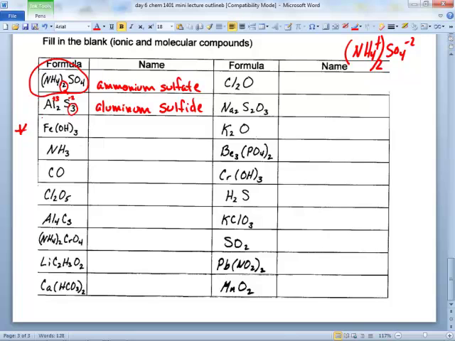You always do it for all the metals, except for zinc and aluminum, because zinc is always +2, aluminum is always +3. And you never do it either with the metals whose charge is fixed. And that was the group 1 and the group 2. But everything else, all these group Bs, all these transition metal elements, you always put the charge in parentheses, unless it's aluminum or zinc.